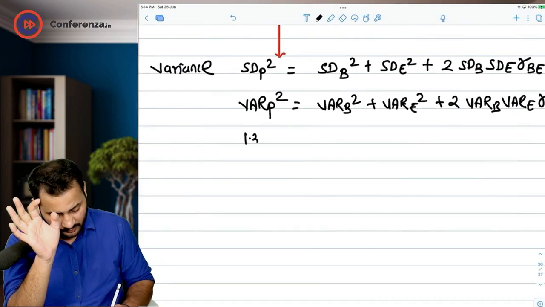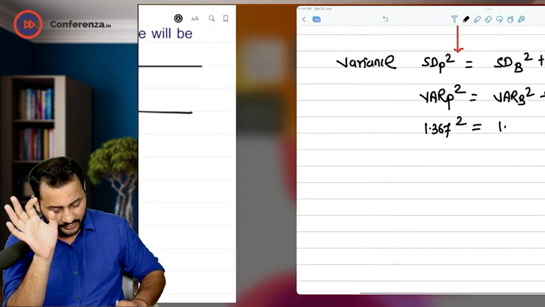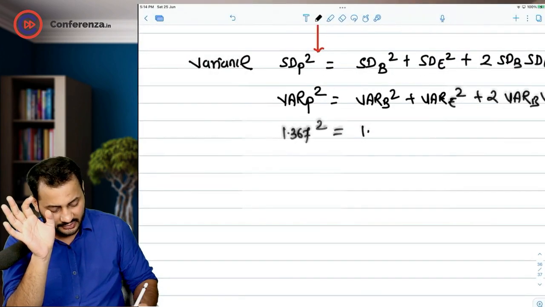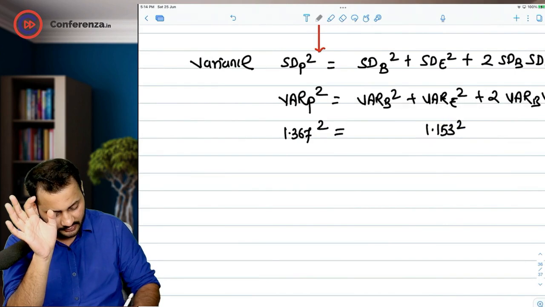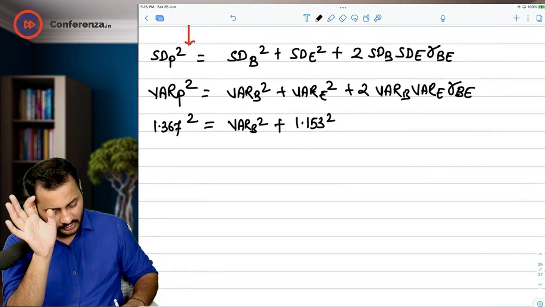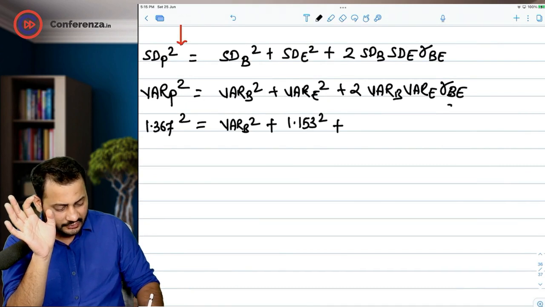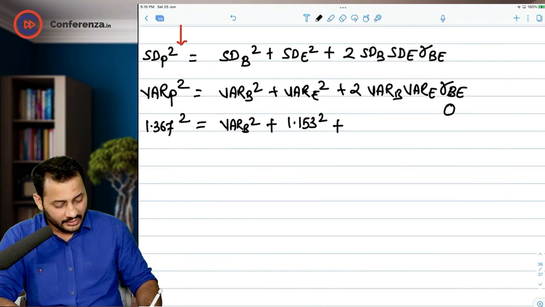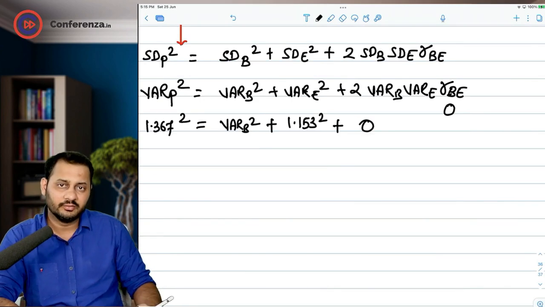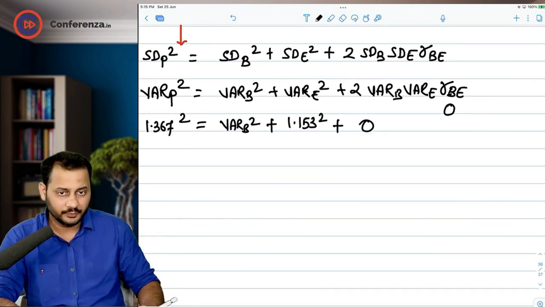So 1.367 square is equal to 1.153 square, sorry, this is equity, so I will just write it down here, plus VAR of the bond square. Also in the question, the value of correlation coefficient is given to you as 0, and this makes the entire third term 0.